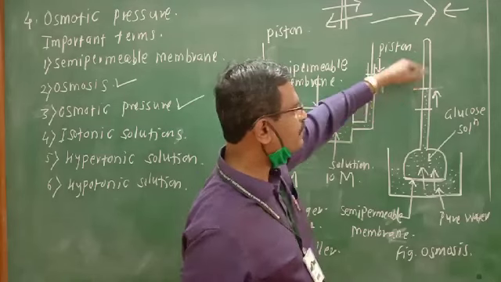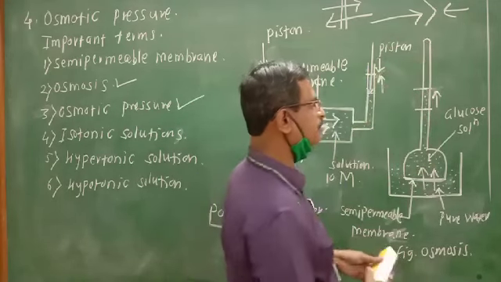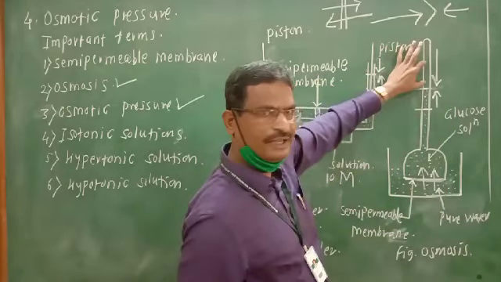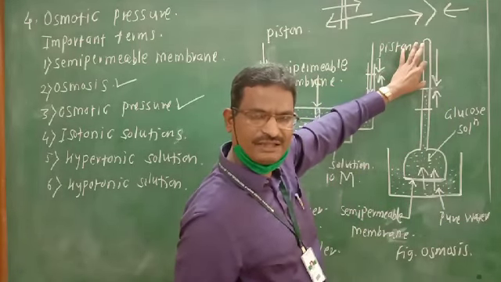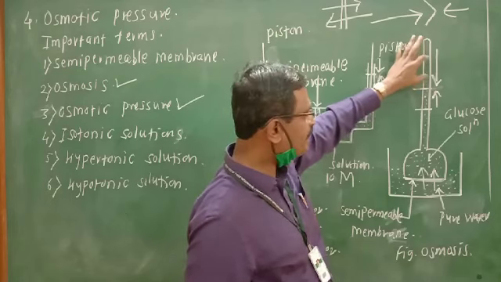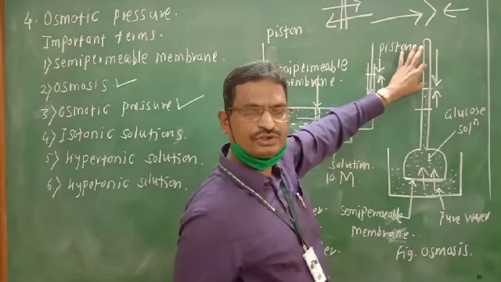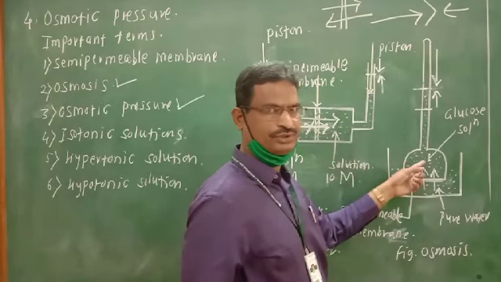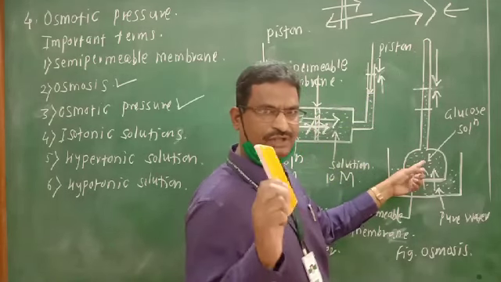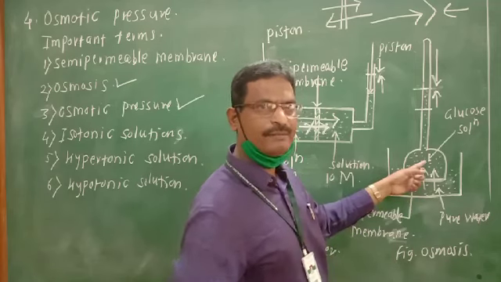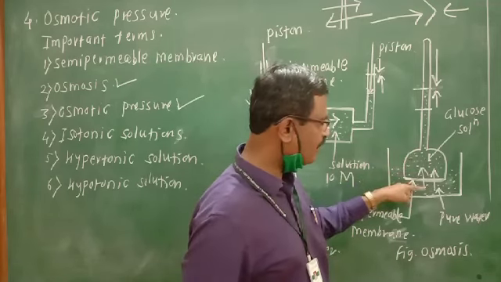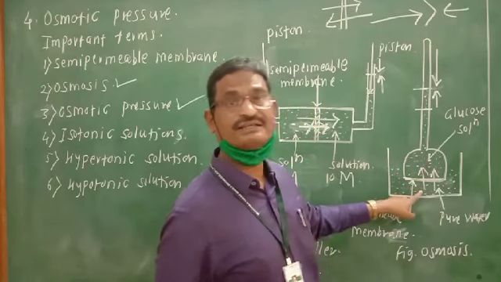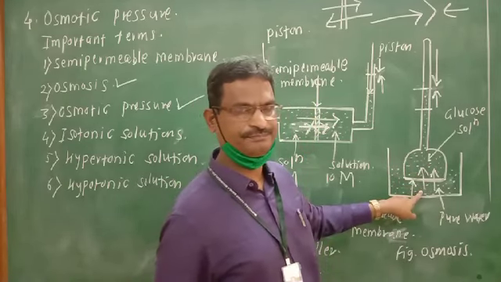At this time, a certain pressure is developed in the capillary, in this tube, and that pressure stops the movement of solvent into the solution. Due to that pressure, equilibrium is obtained between the solution and solvent, meaning both sides will now have the same osmotic pressure.